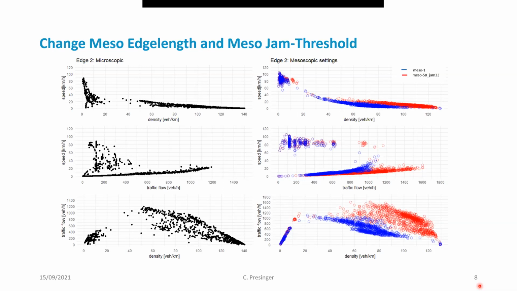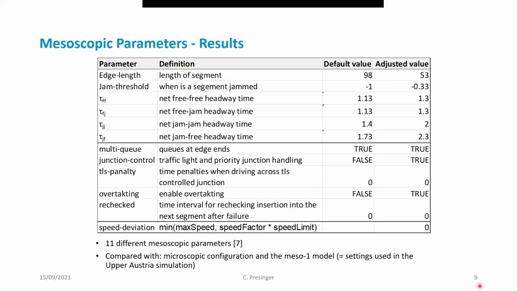All right, so I now talked about the edge length and the temp threshold, but I also investigated the tau values. I used a SUMO version below 1.08, and therefore you were only able to set one tau value for the complete simulation.